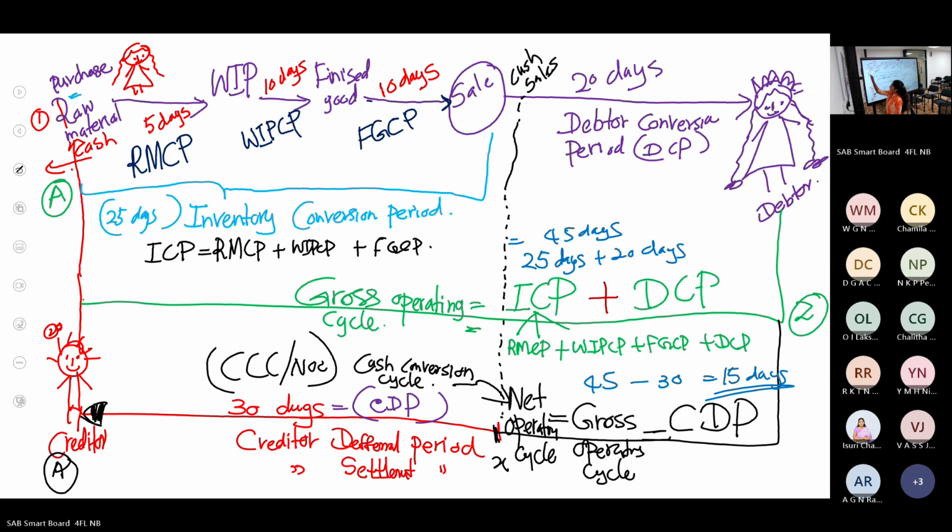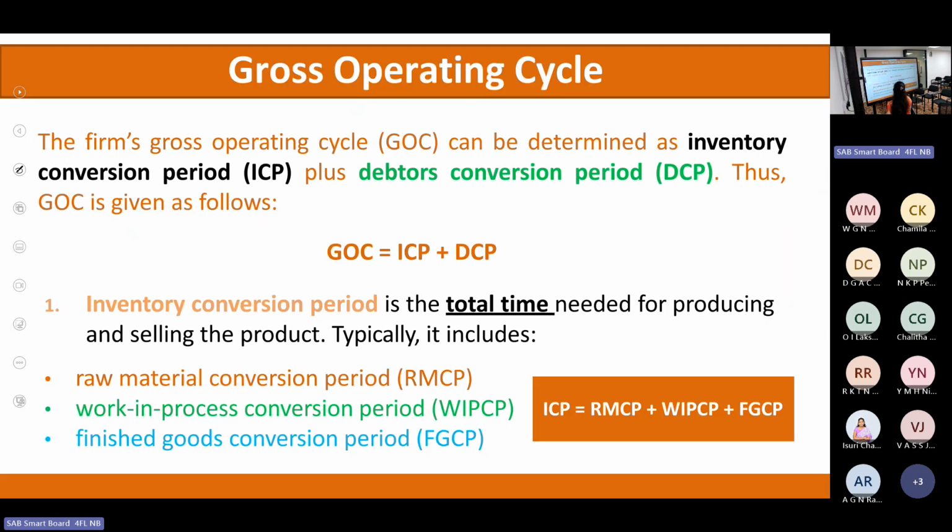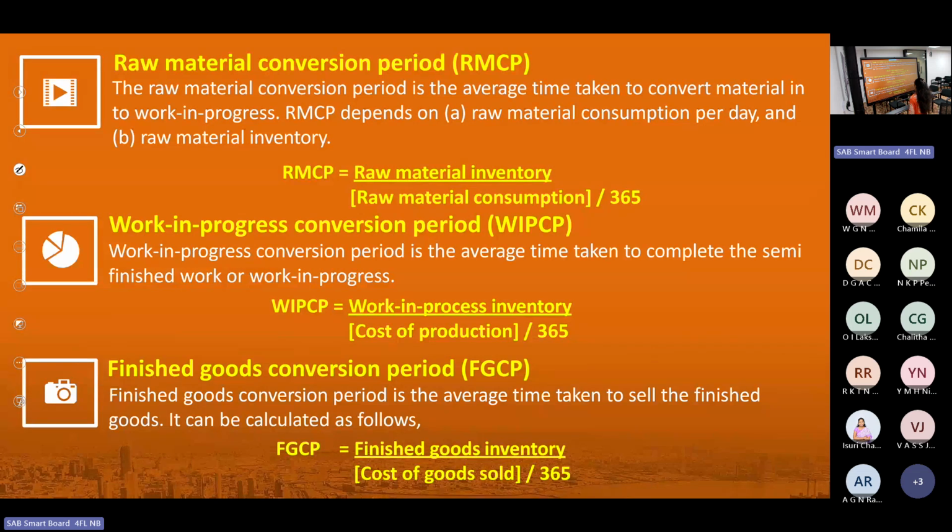Right, so we'll identify the ratios. This is what we have discussed. Don't worry, all are mentioned in the lecture note. And then just identify the conversion periods. How can we identify the raw material conversion period? Very simple.